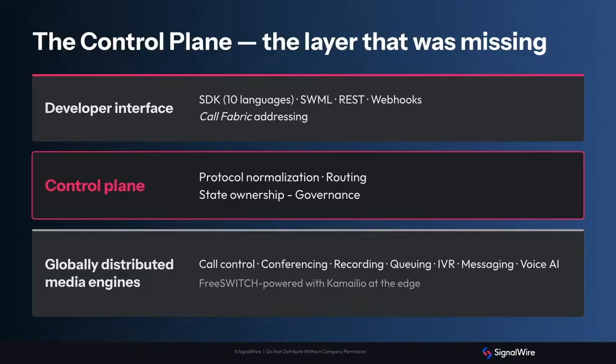It could be a SIP endpoint, a WebRTC endpoint, or even something different, like the address of a script that needs to be executed. And so the control plane has the main role of interfacing these two worlds, and in particular having good ownership of the state so that it's consistent across different use cases.